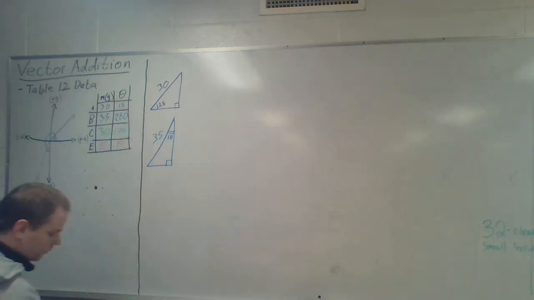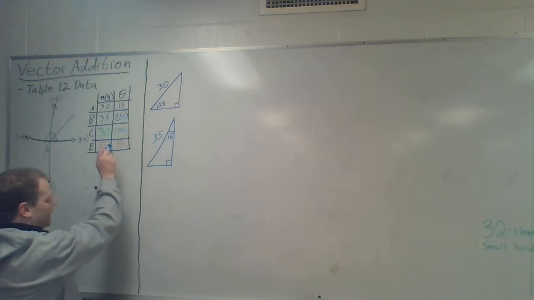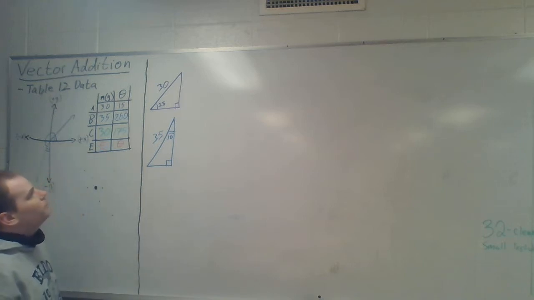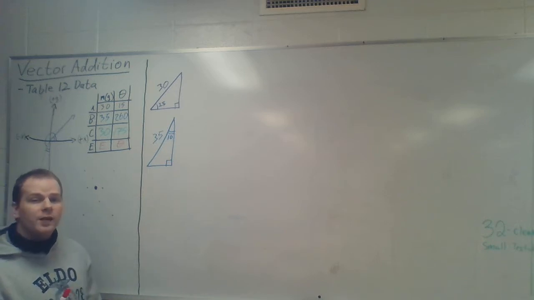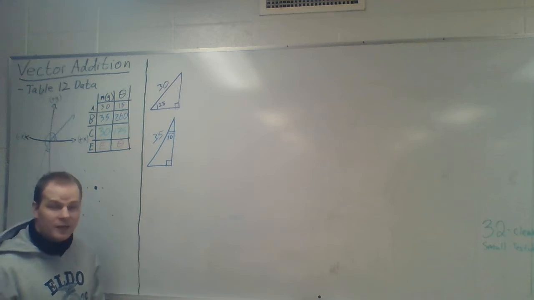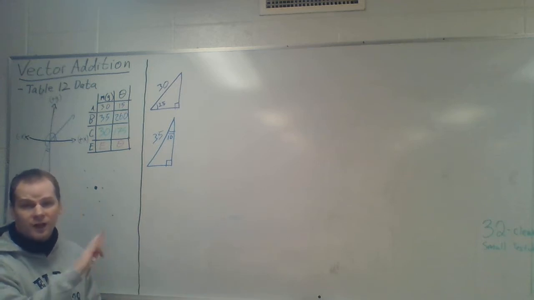Now, before we do anything else, we need to talk about our unknown vector E. Vector E, we have to infer where it's going to be. Now, this is not going to be the case in any other problem.